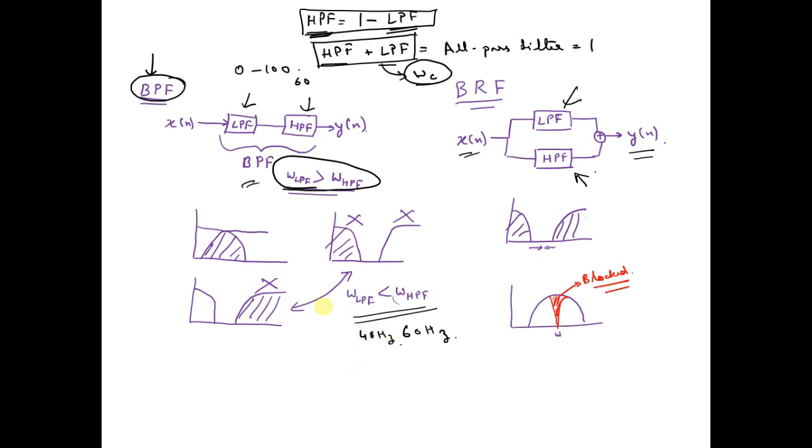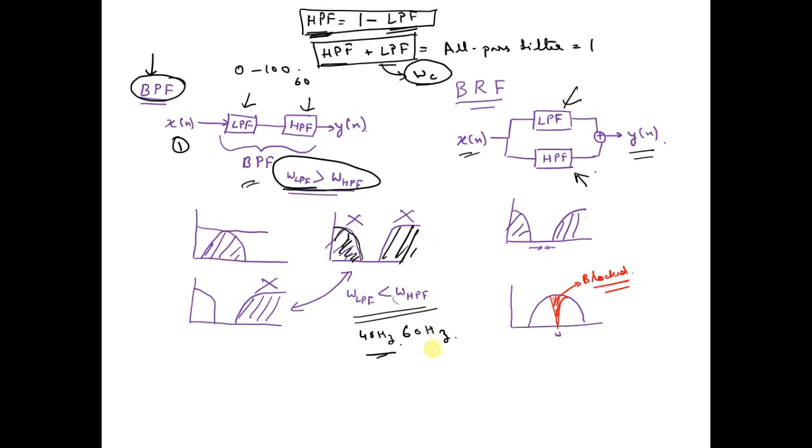So what will happen in either case? Take the case when the low pass filter comes first, and then we get the high pass filter. So this component will be passed by the low pass filter, and the high pass component is already rejected.